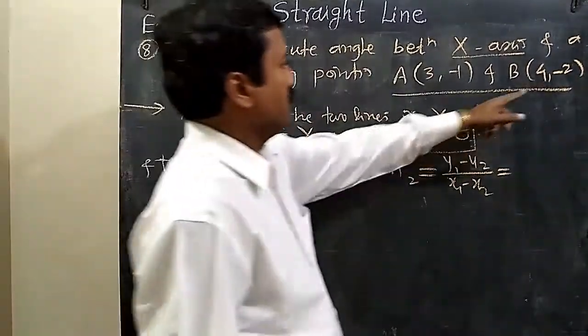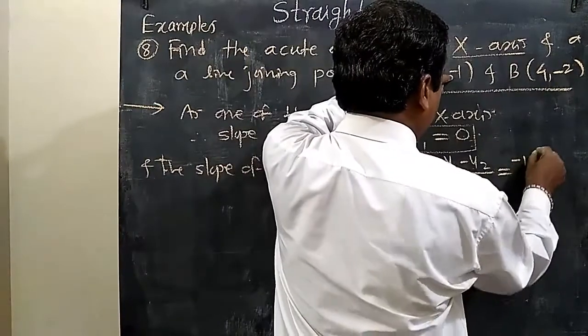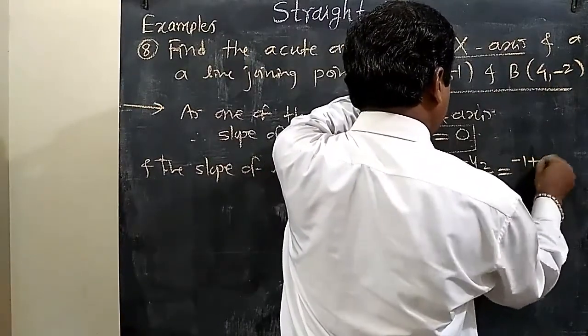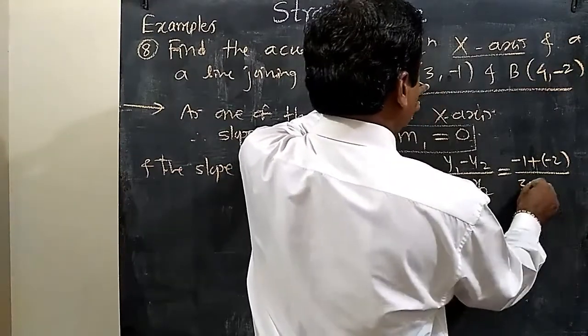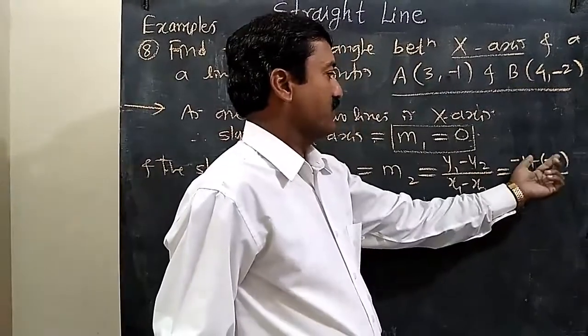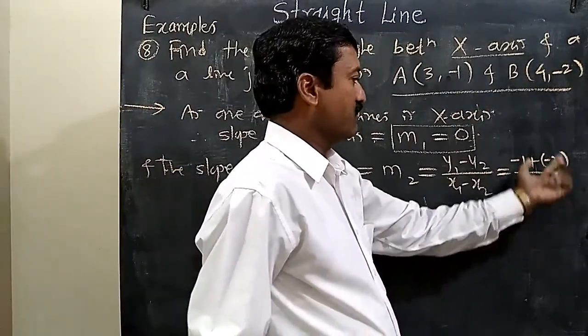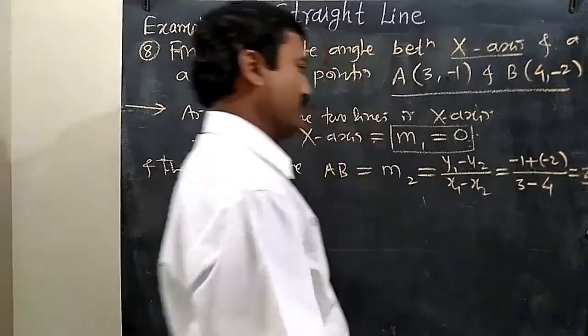Here the y coordinates give minus 2 minus 1, or minus 1 plus of minus 2, upon 3 minus 4. So it is equal to minus 1 minus 2 is minus 3, and here it is minus 1. Minus 3 upon minus 1 is plus 3.